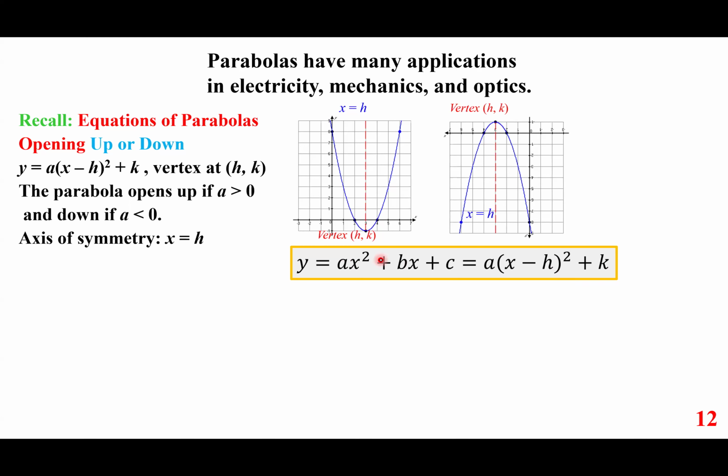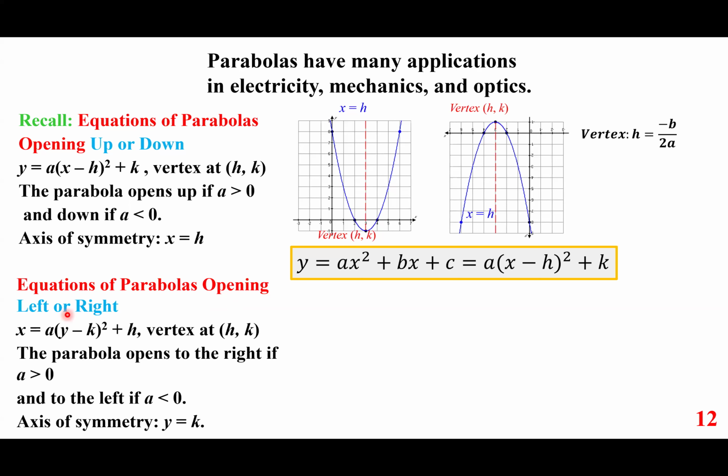Sometimes they call this one standard form, sometimes this one. I like to call this one the vertex format. The vertex has the x coordinate, when it opens up or down, h equals minus b over 2a, and you can plug in and find the y coordinate k of the vertex.